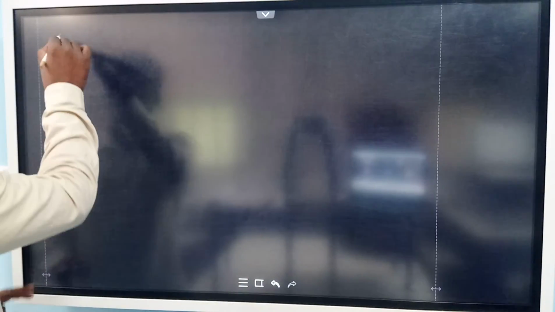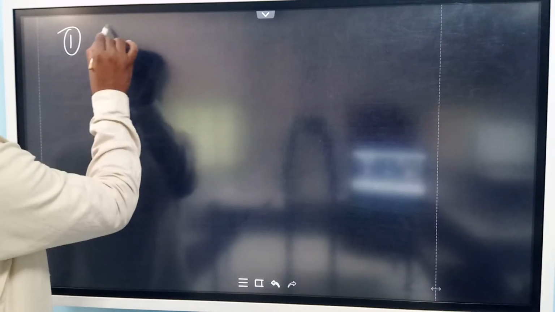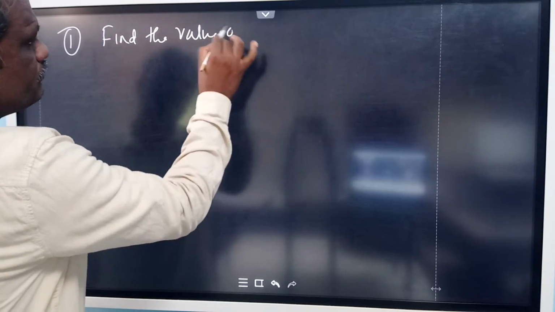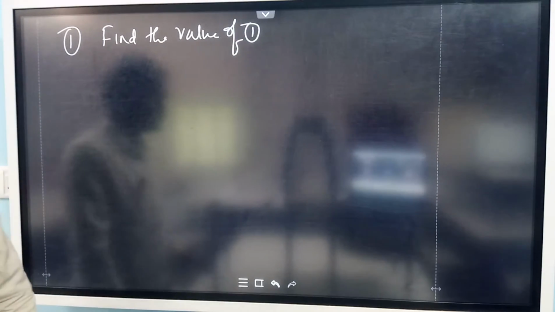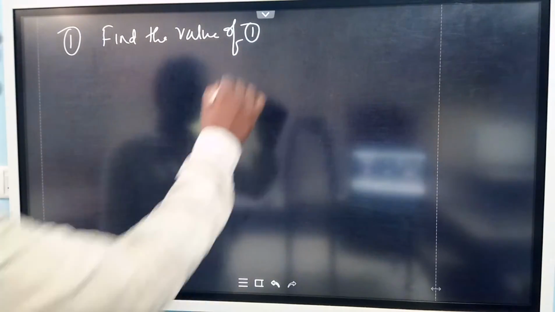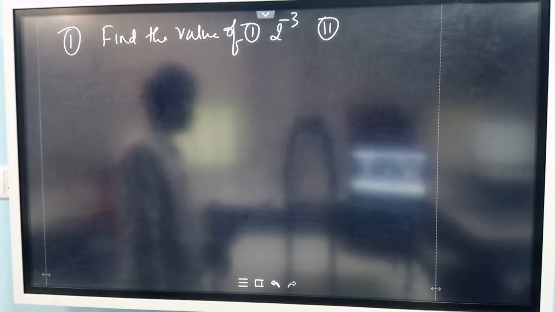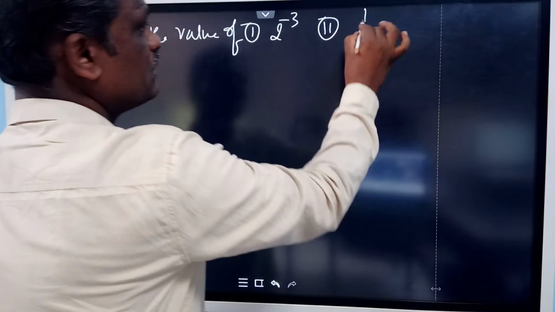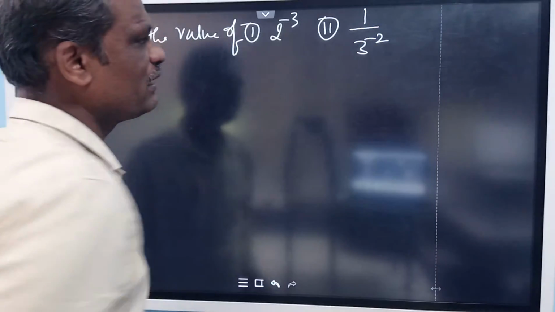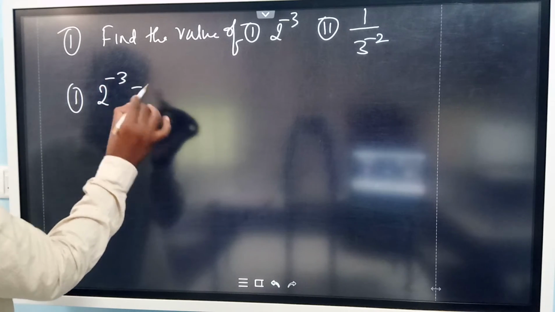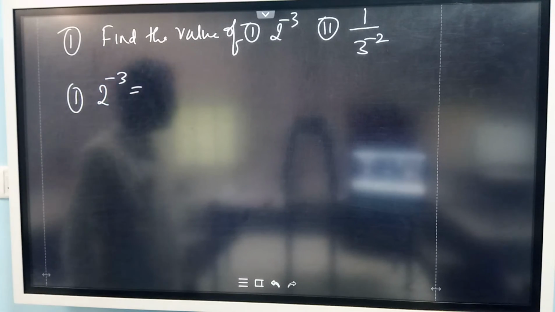One example question, first one. Let's look at this. Find the value of: first question, 2 to the power minus 3. And the second question, 1 divided by 3 to the power minus 2. These two values we should find out. First question now, 2 to the power minus 3. Use that law, negative exponent.